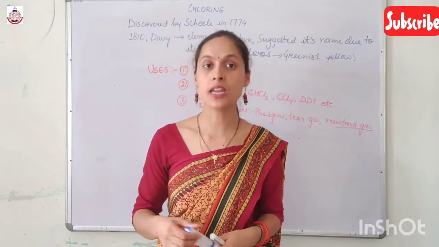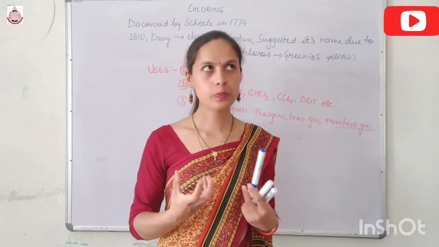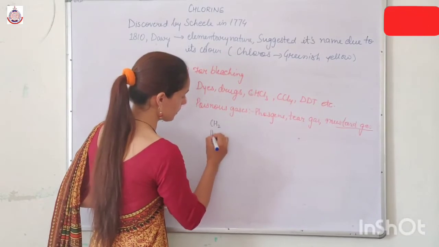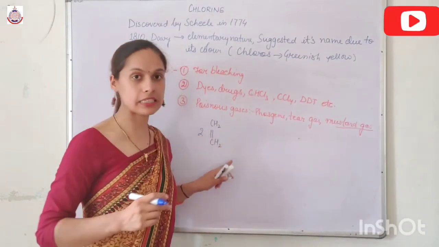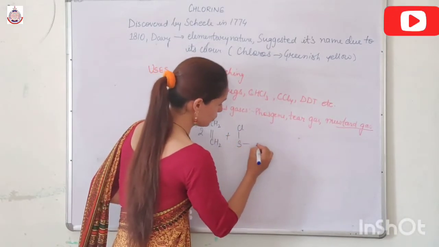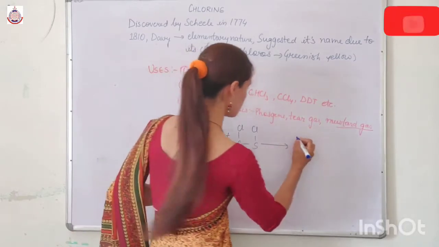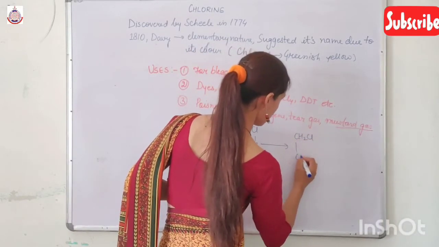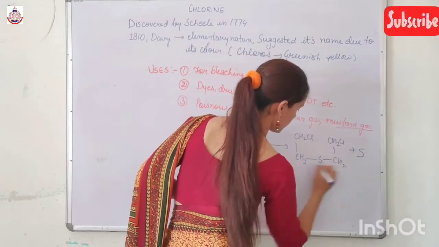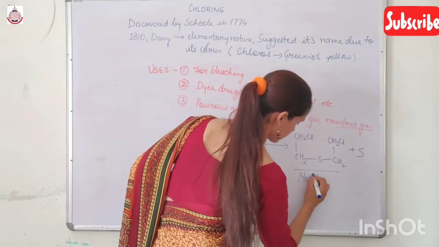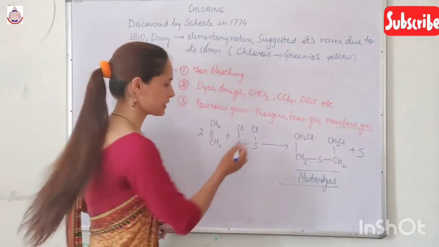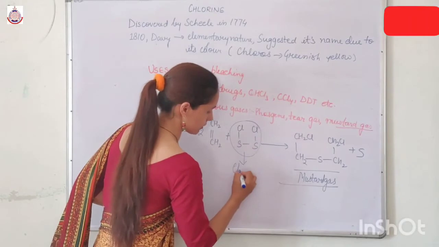When ethene, CH2=CH2, reacts with S2Cl2, that is sulfur chloride, then it forms CH2Cl-CH2-S-CH2-CH2Cl. So this is the mustard gas, and this we prepare through chlorine.